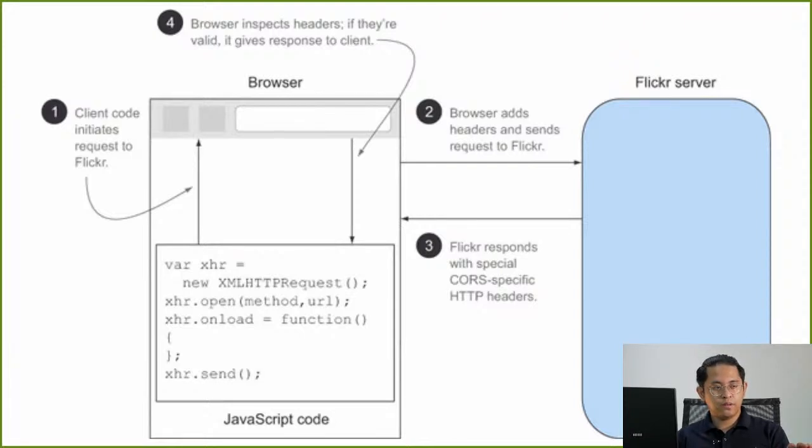The server will check if this DELETE method exists in my configuration, and if it's not, then I will respond to the client that this is not allowed. Okay, I will not allow this because the DELETE method is not configured in my server.